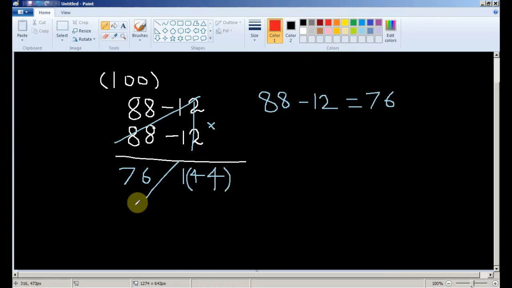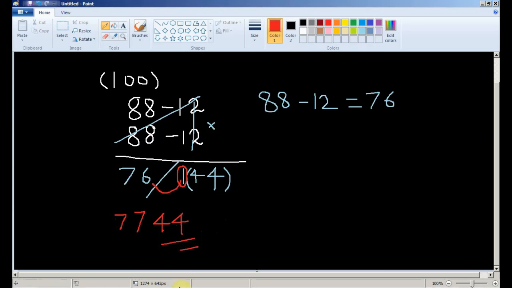So this third number, which is the 100 place, will add to this one. So this one becomes 77, and these two remain the same. This is my answer.